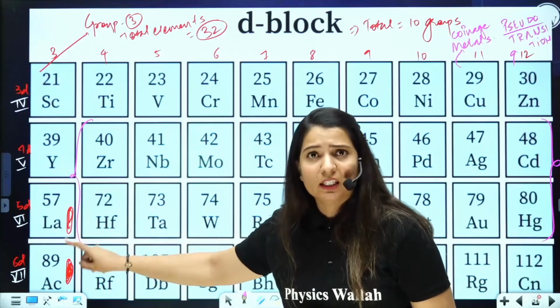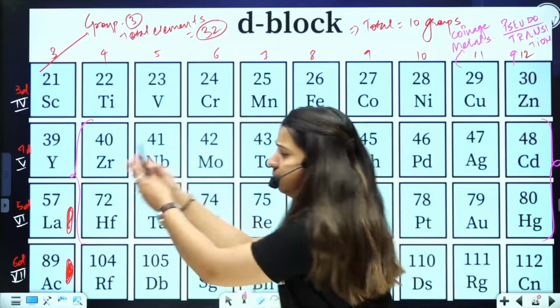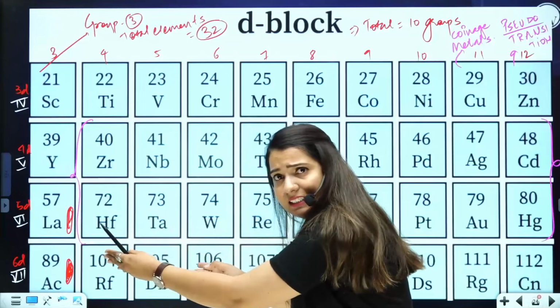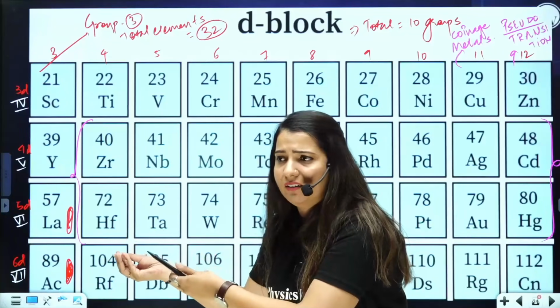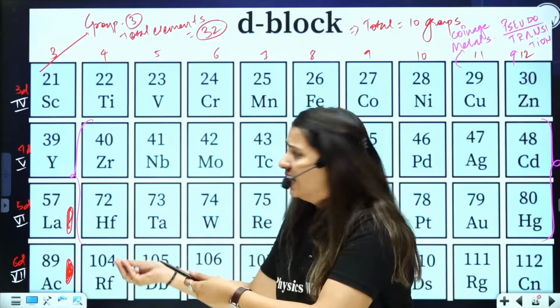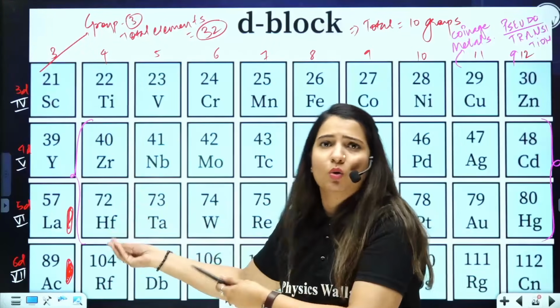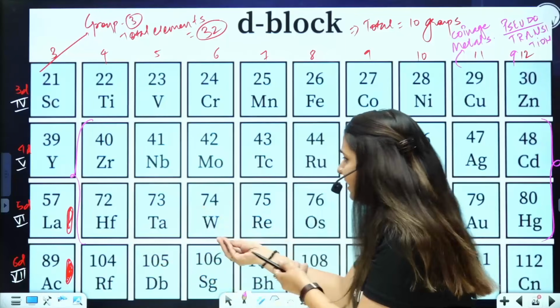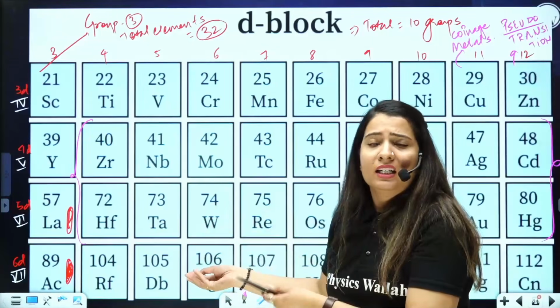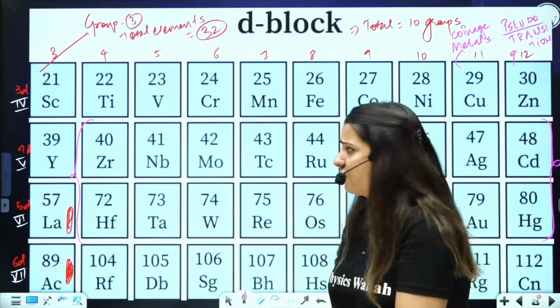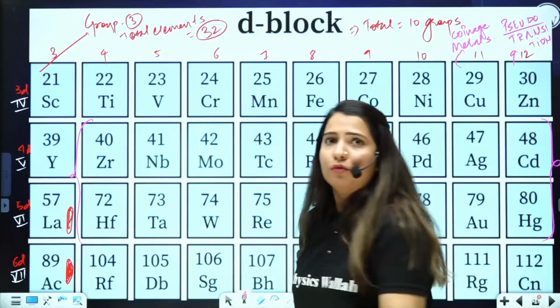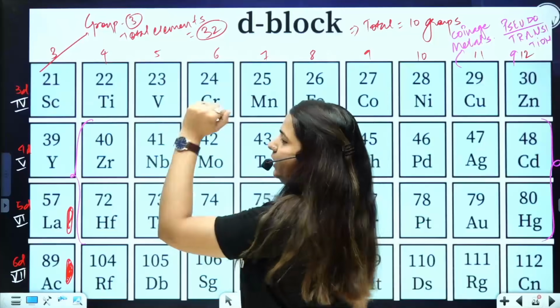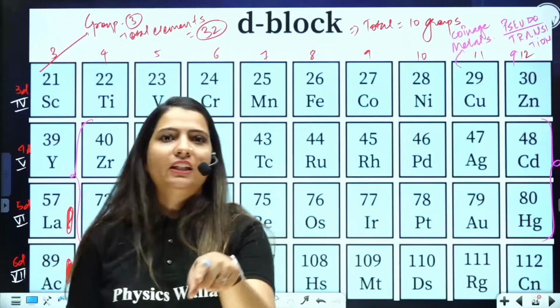If I place them over here, they will have the decrease in the size. After that, hafnium is coming. Hafnium is having the size very less. It is coming out to be equal to zirconium only. Tungsten is coming out to be equal to molybdenum only. This is a result of lanthanide contraction: after cerium to lutetium, we have hafnium that is having size equal to the 4D series.